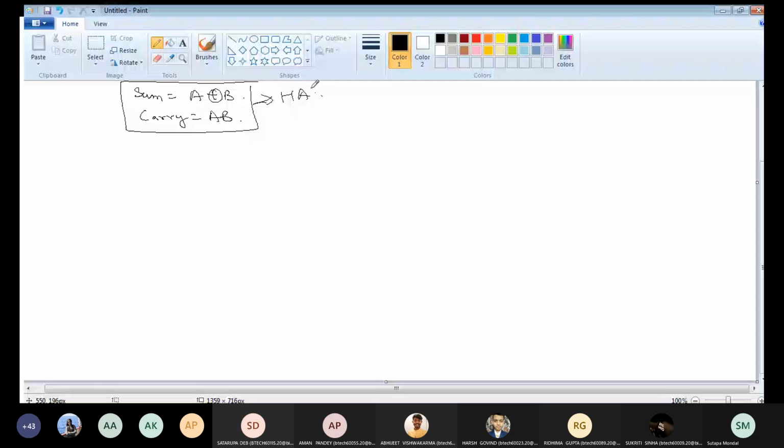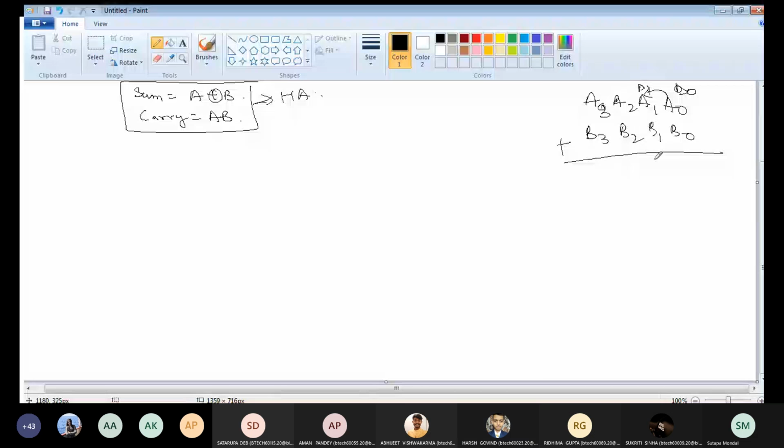Suppose we are having 4 bits, A3, A2, A1 and A0, being added with B3, B2, B1 and B0. When we are adding bit 0 and a carry is generated, that carry will look ahead, because it wants to add up with the next bit. Is it clear, everyone?